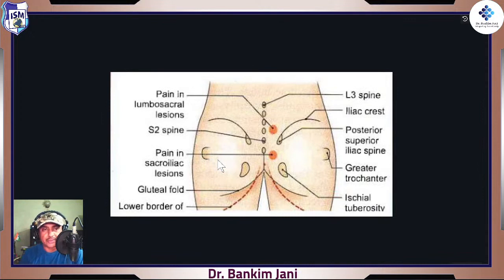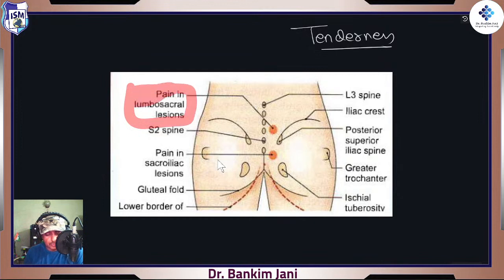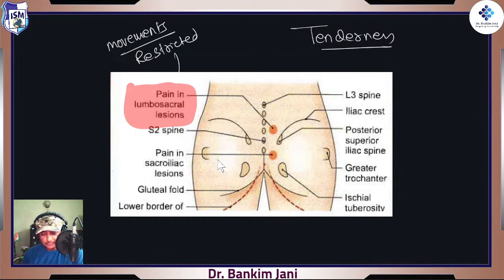That's the image which is showing the clinical site of tenderness. So there would be tenderness. When the pain is in the lumbosacral lesion, that is a bit high, here the movements would be restricted, because it is associated with the vertebral column.